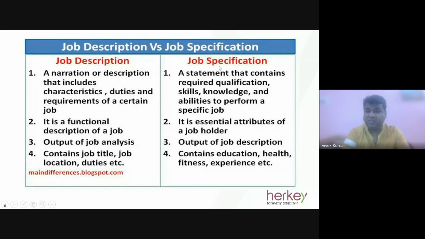So you would not be able to write a very good job specification until you have written a job description first. Because job descriptions are all these minute details about qualifications, skills, duties, characteristics, everything for that matter, right? And what you do is you try to summarize them and come up with a statement that tells the candidates more about what are the things that are supposed to be very important, or what we call essential attributes for this particular position.